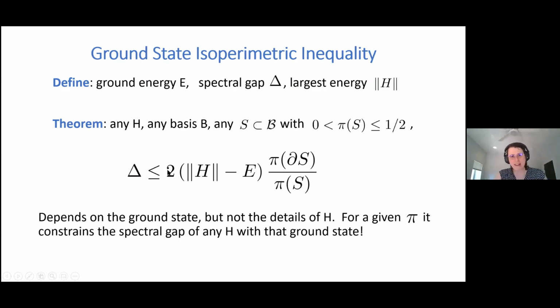And then here you have this factor, which for a typical local Hamiltonian, the operator norm is like n. The reason I want to show you this is that it depends on the ground state, but not the details of H. It's kind of been taken into this spectral radius. So for a given distribution, it constrains the spectral gap of any Hamiltonian with that ground state distribution.